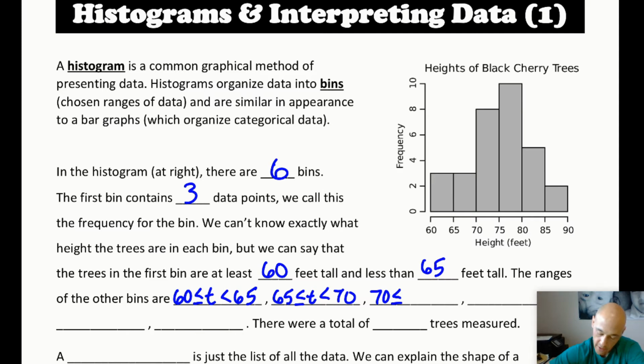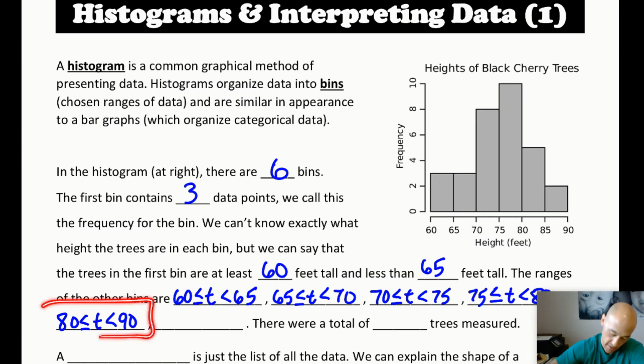70 is less than or equal to the height of the trees, which is less than 75. 75 is less than or equal to the height of the trees, which is less than 80. 80 is less than or equal to the height of the trees, which is less than 85. Just to be clear, this is the range of all of the trees' heights in this bin, right?